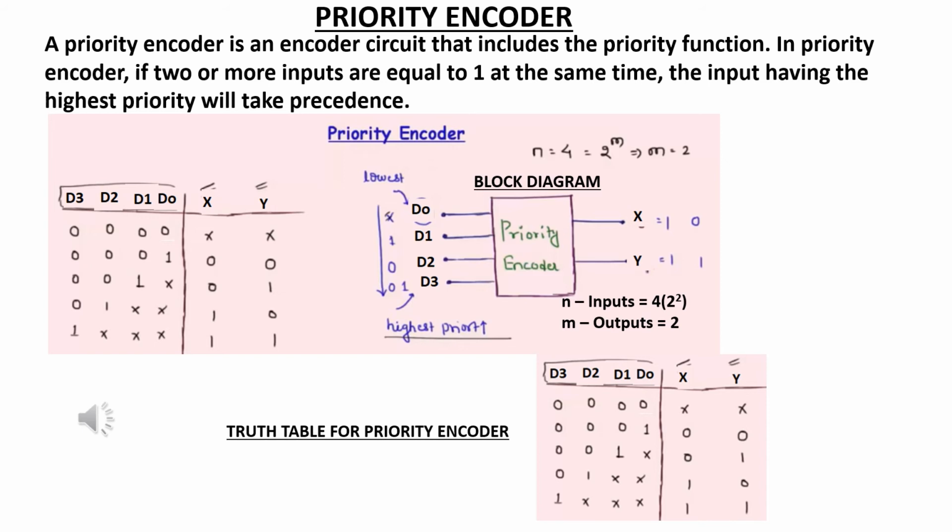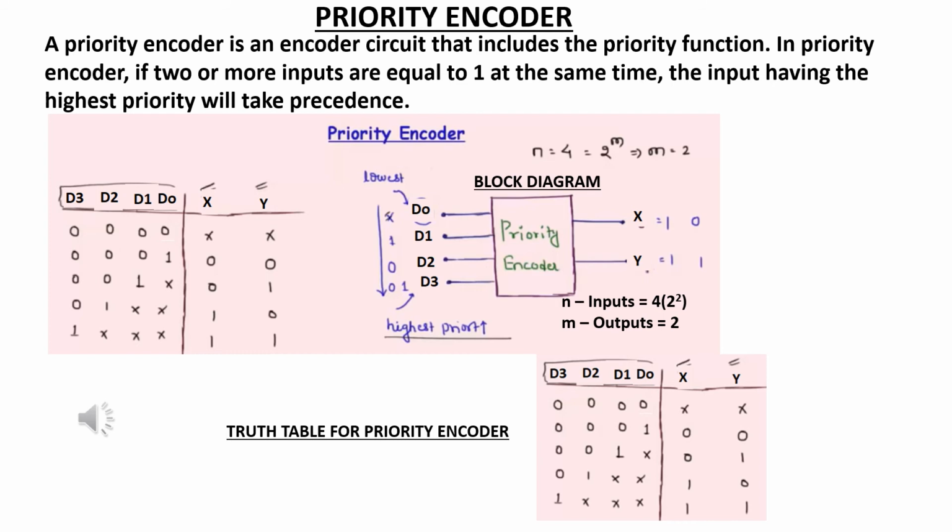In the next one, 0 0 0 1, D0 is activated as 1, so my X value and Y value are 0 0. Similarly, in the next one, 0 0 1 X, this X represents the don't care term for D0, because D1 has the higher priority compared to D0. Whenever D1 becomes 1, there is no need to look into the D0 value, so we consider it a don't care term.